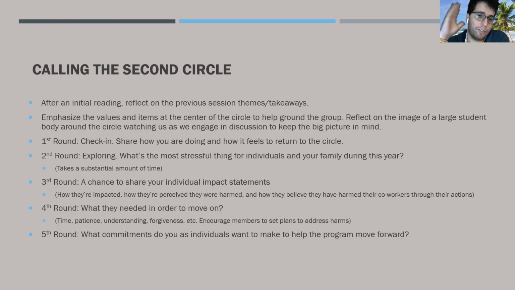Sure, I can only imagine how much people have gone through in this last year during COVID's second year. And I think the goal is to give people as much time as they need and not to rush, not to be a time keeper in this, hence setting aside an entire second day, a full day for the second circle process, because we really want to let people feel the safety and have space to breathe.